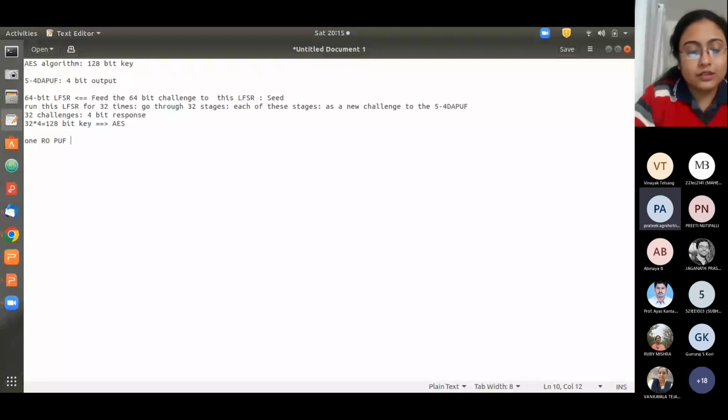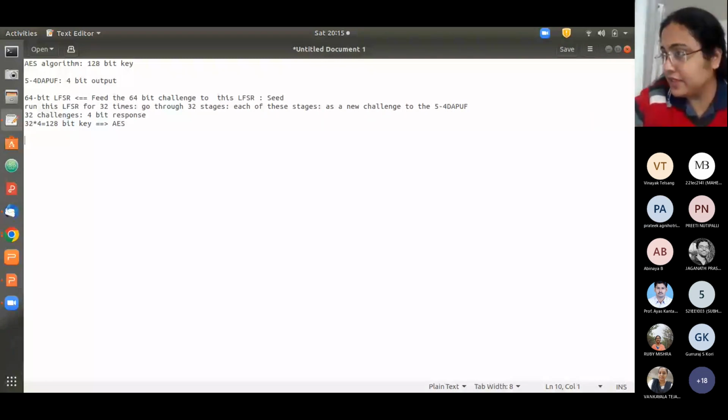Ma'am, if you use a 3-stage ring oscillator and a 5-stage ring oscillator, will it be the same model? What do you mean by 3-stage, 5-stage? 8 output, ma'am. 8 output or 8 RO? 8 RO.